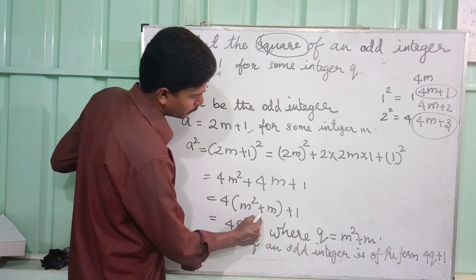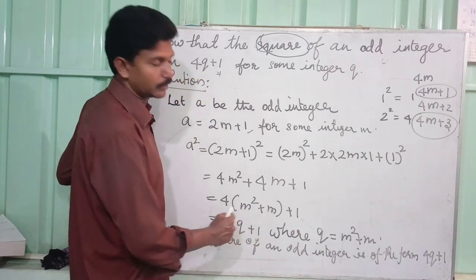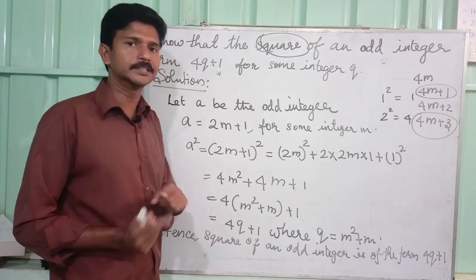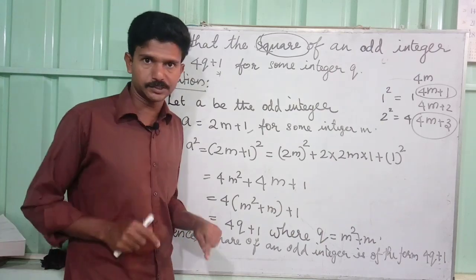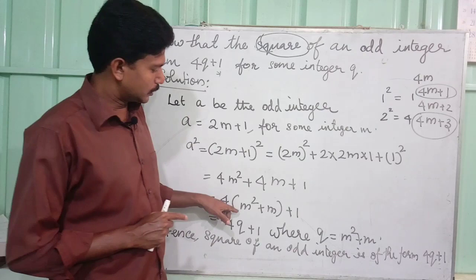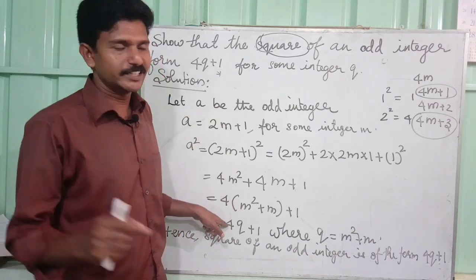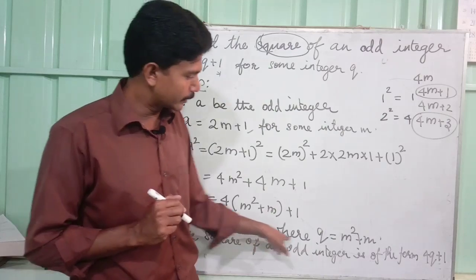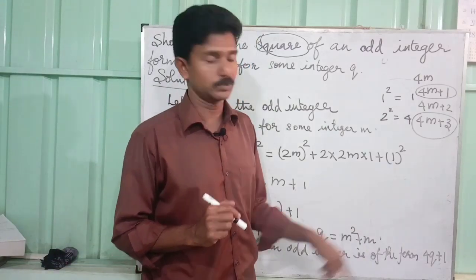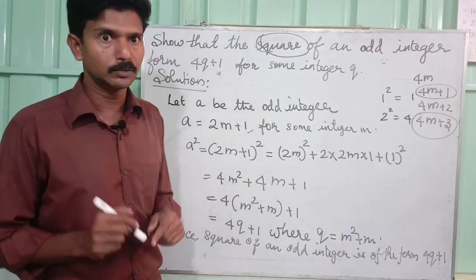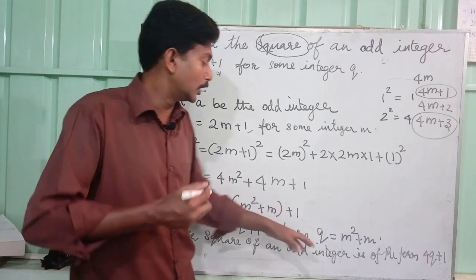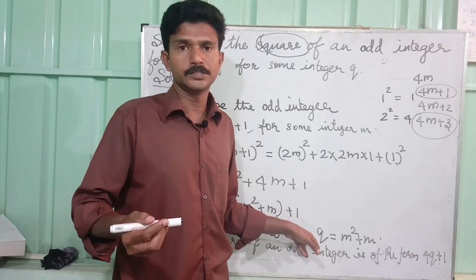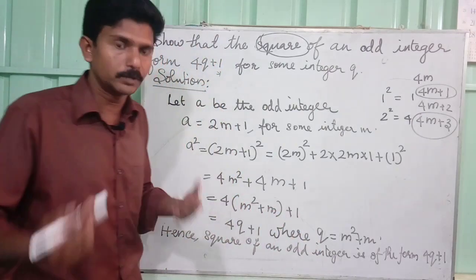Instead of m square plus m, we substitute a variable q here, where q is equal to m square plus m. You may have a doubt about how that works, so we can think about it.